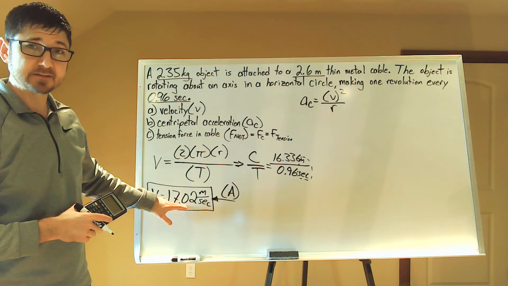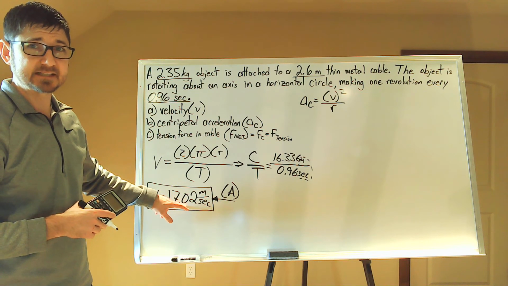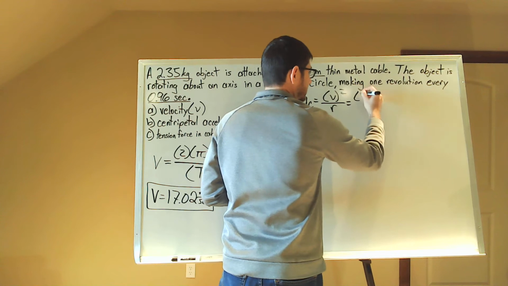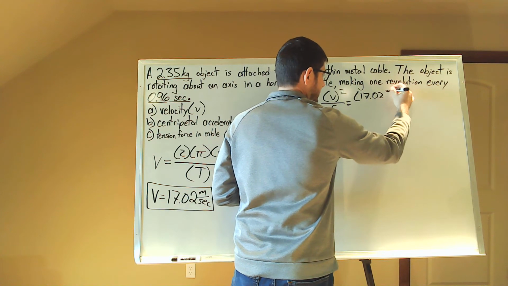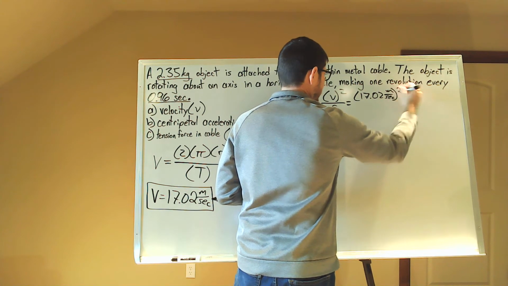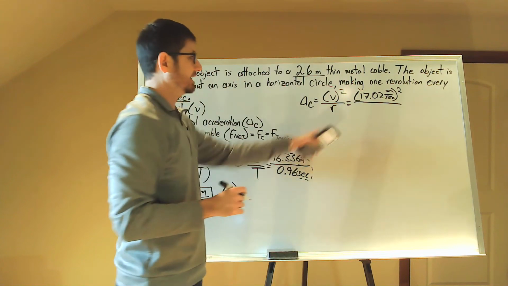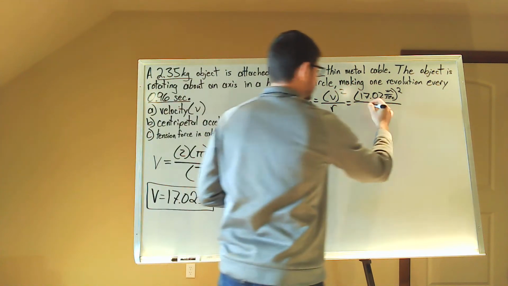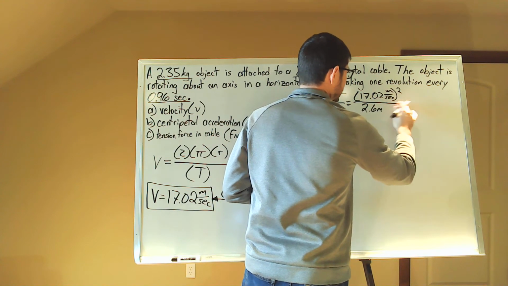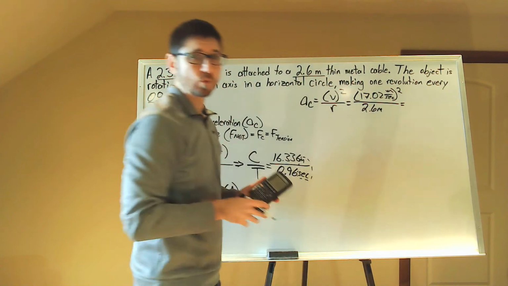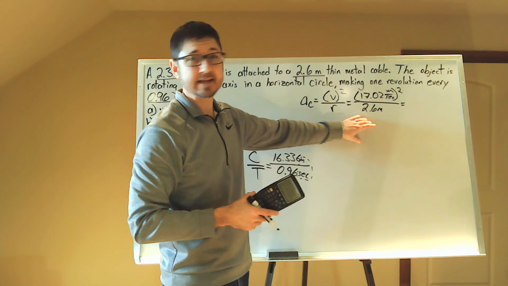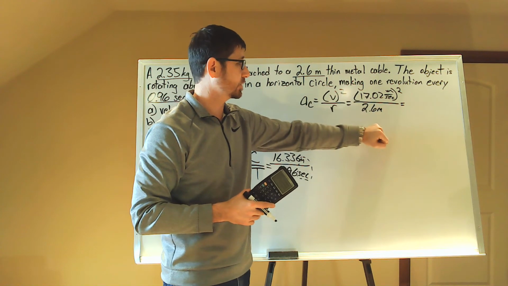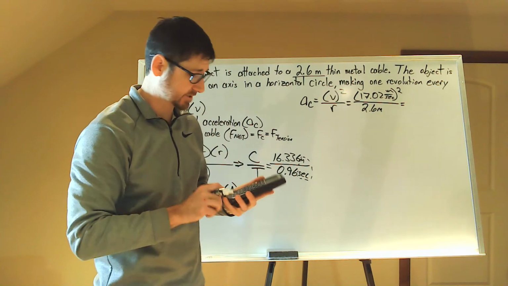So our calculated value for velocity is 17.02 meters per second. Divided by the radius, and the radius of our circle is 2.6 meters. Now, according to the order of operations, we need to take care of our exponents first. So that means we need to do 17.02 squared first.